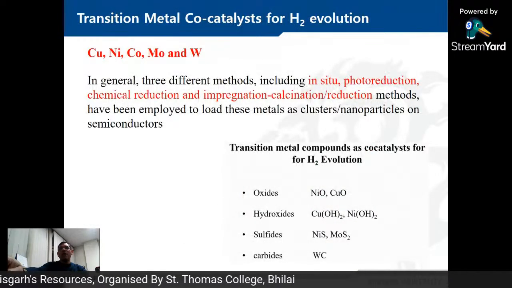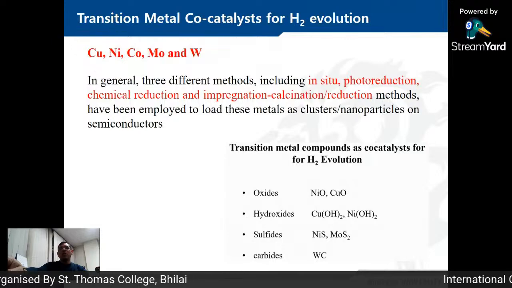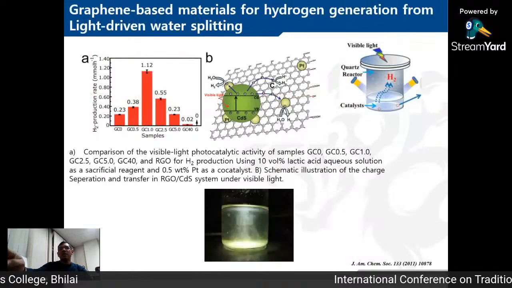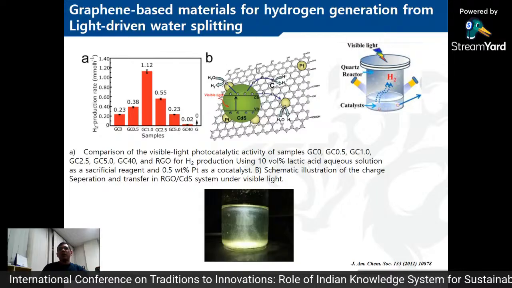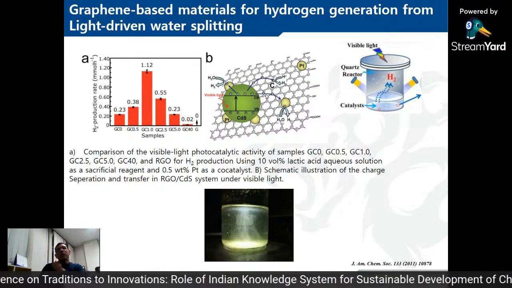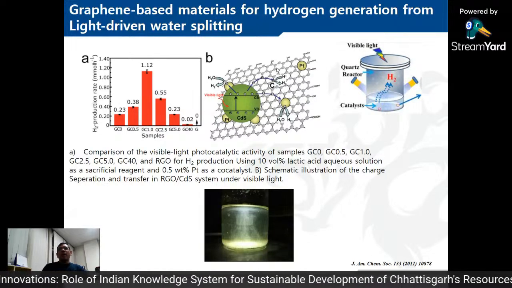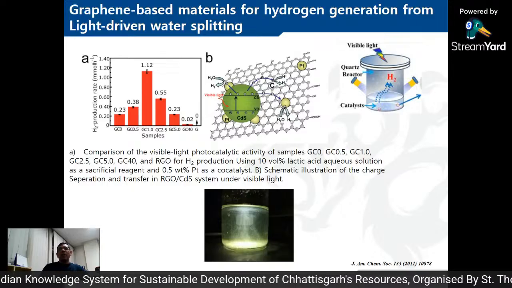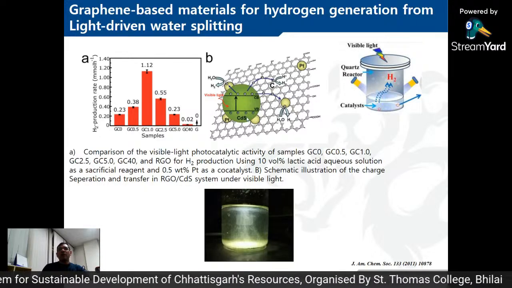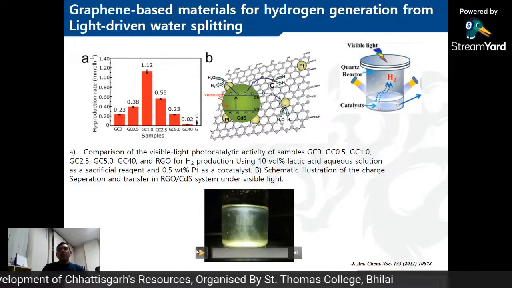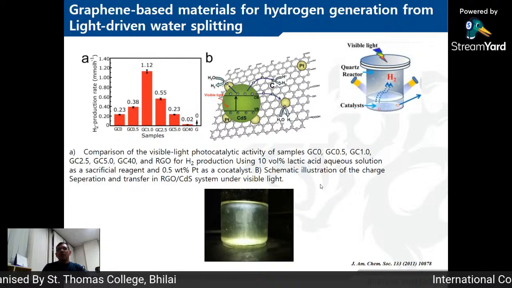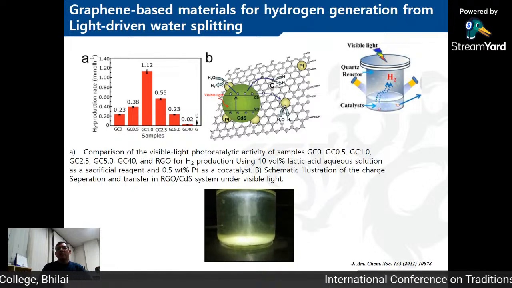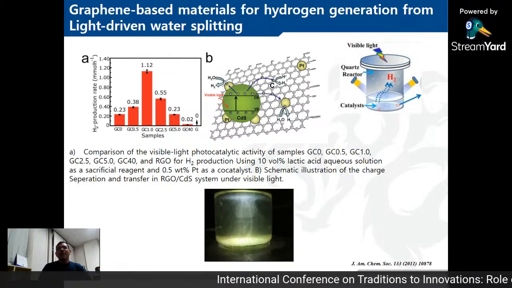Apart from the noble metals, we can use copper, nickel, cobalt, molybdenum or tungsten materials as a catalyst. This is one of the graphene-based materials which is used for photocatalytic hydrogen evolution in our group. We prepared 2D graphene nanoparticles over which cadmium sulfide was loaded. If you see the material, you can see the hydrogen evolution in the presence of the sacrificial agent.